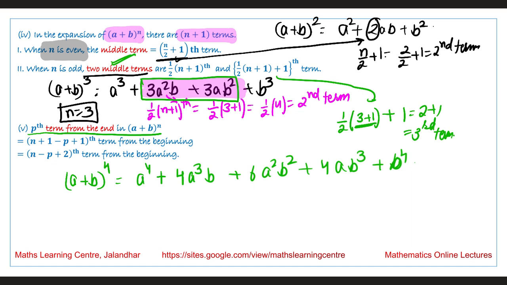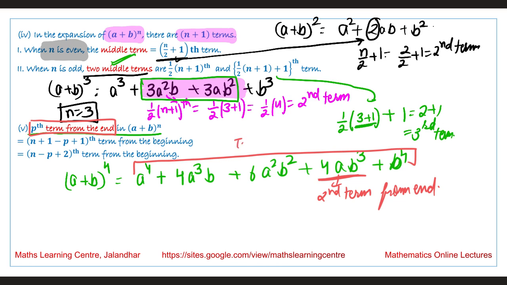Now suppose we are talking about the second term from the end. The total number of terms we have in this case is 5, that is n + 1 terms.